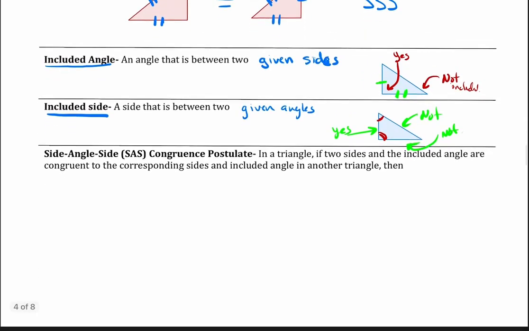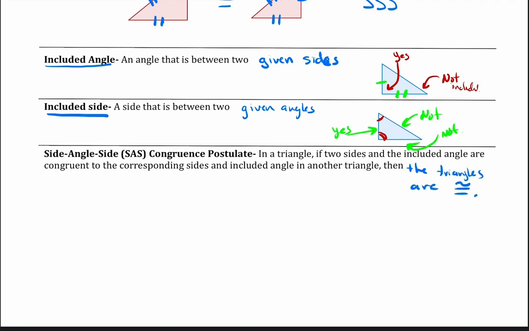The next shortcut that we have is called side, angle, side, or SAS. So in a triangle, if two sides and the included angle are congruent to the corresponding sides and included angle in another triangle, then the triangles are congruent.